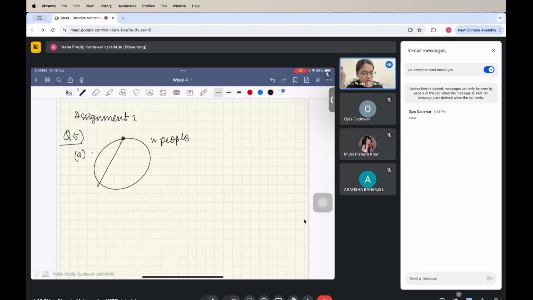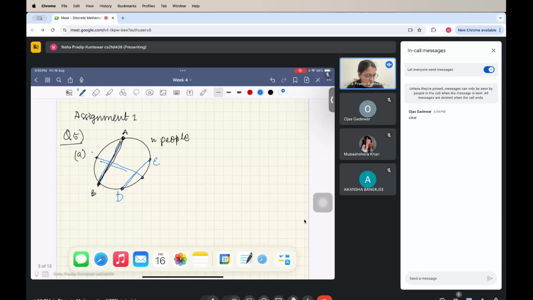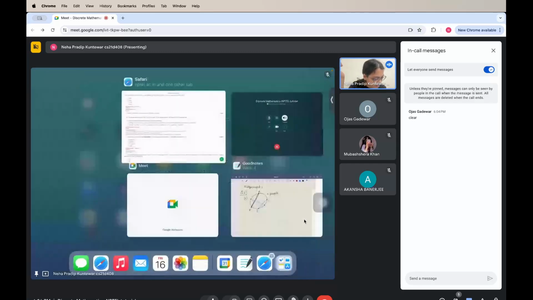Let's say this is one person sitting here, this is another person sitting here, and so on. When I draw this line, what this means is this person A and this person B shake their hand. And let's say I draw a line here, then what that means is this person C and D shake their hands. But then I cannot draw this because these two would be crossing. So this is something that is not allowed. So that is your first question.